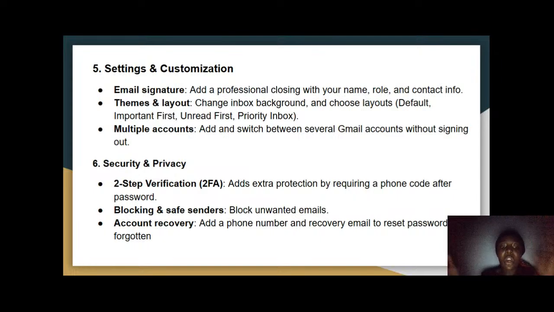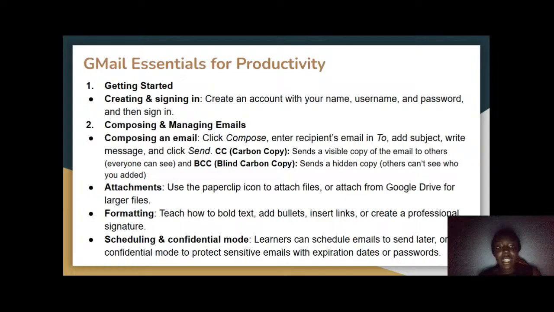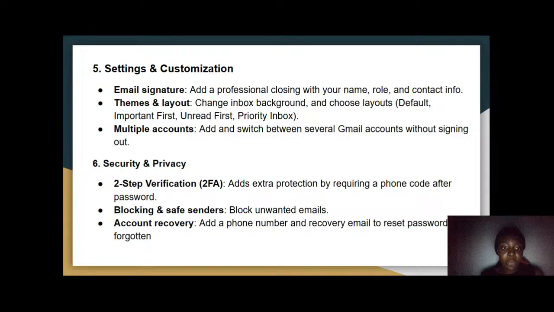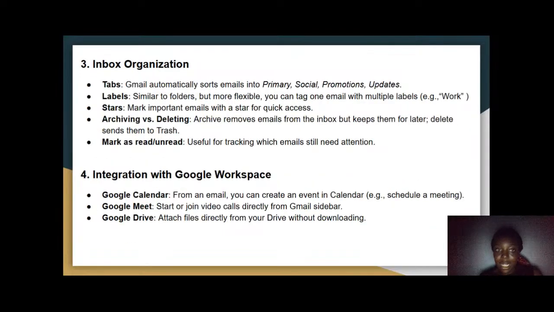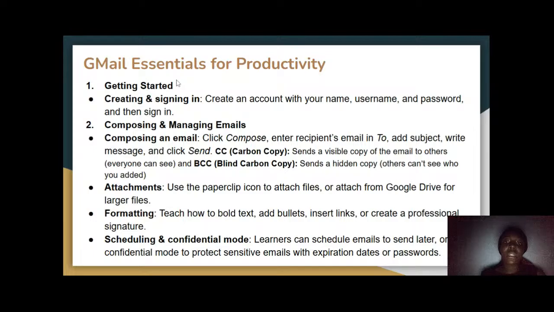This is just to help you so that you don't end up losing that important email that has a whole lot of information there. So these are the essential things for productivity in your Gmail. So do we understand it? Because we'll be entering Google Documents.